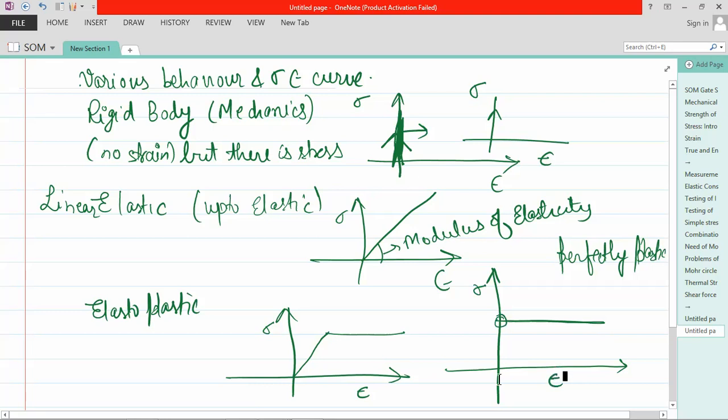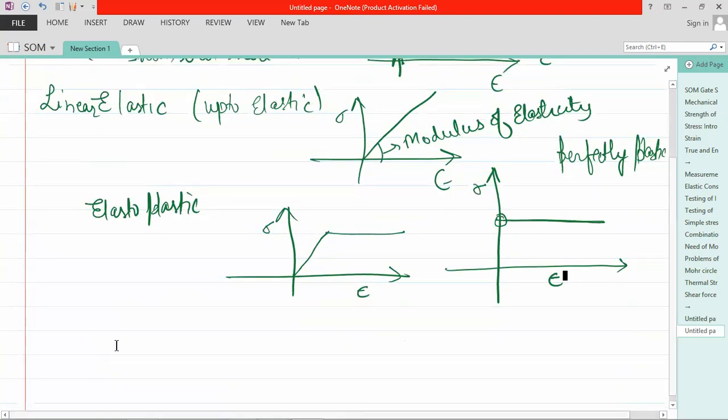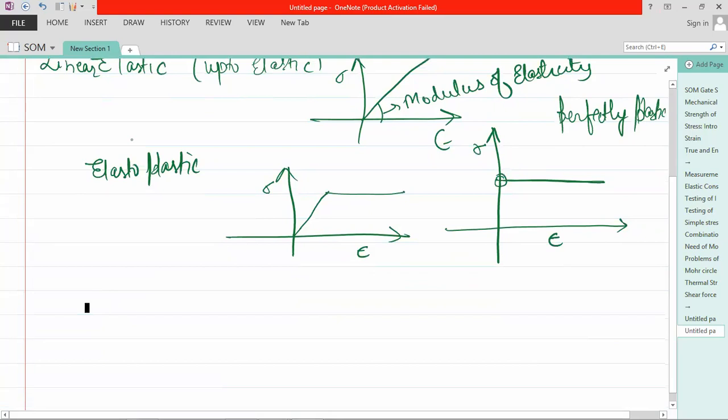Okay, and now one more thing: elastoplastic with strain hardening.